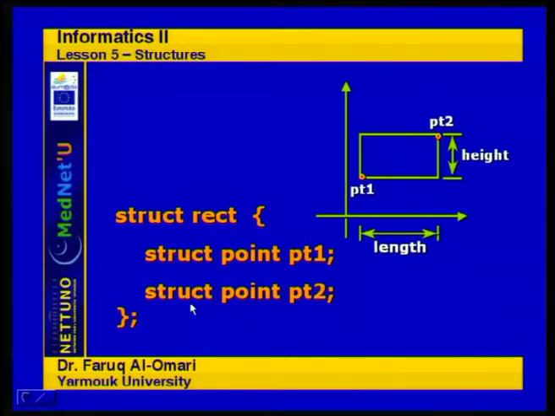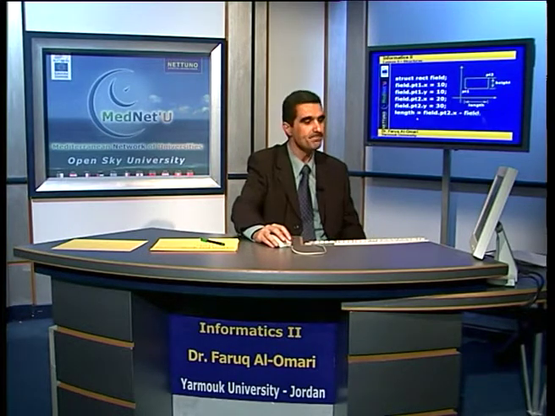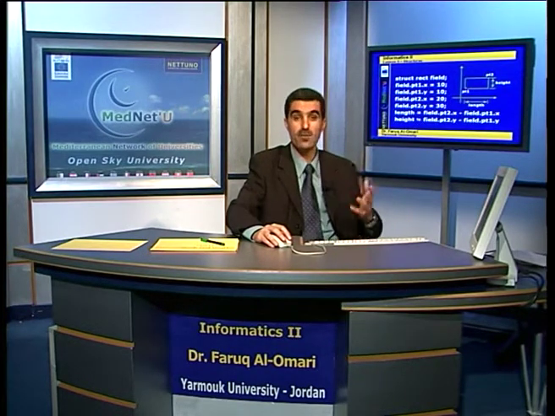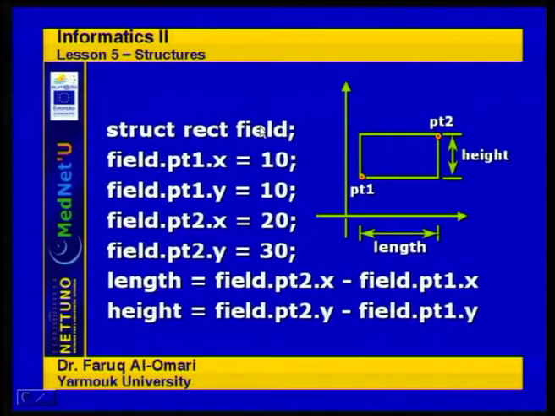And that's it. After this definition statement, I can perform operations on this newly defined structure. Let me first define a field which is of type rect. This is the variable, as rect is the data type. So field now is a variable of type rectangle.